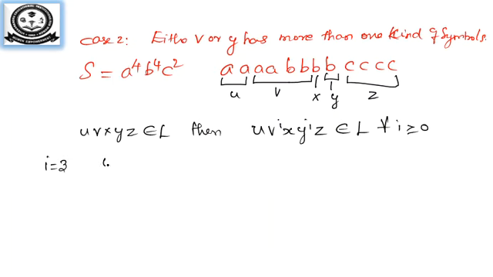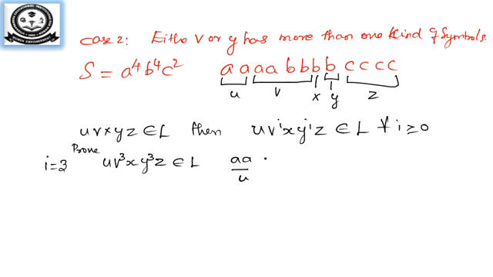That means uv cubed xy cubed z. So this also should belong to L. So we have to prove that it belongs to L. We'll write u first. u is going to be aa.